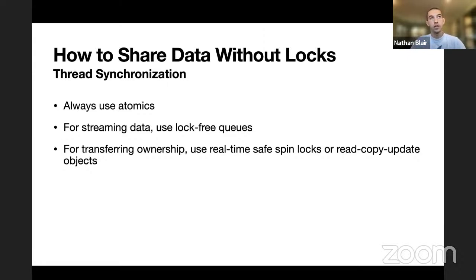And using atomics, you can build more complicated data structures like lock-free queues, real-time safe spin locks, read copy update objects. These are all things that if you look up Timur Doumler on YouTube, you'll find some good information about. Basically atomics are these really lightweight data types that you can access safely between threads and that aren't going to stall like a lock or a mutex.